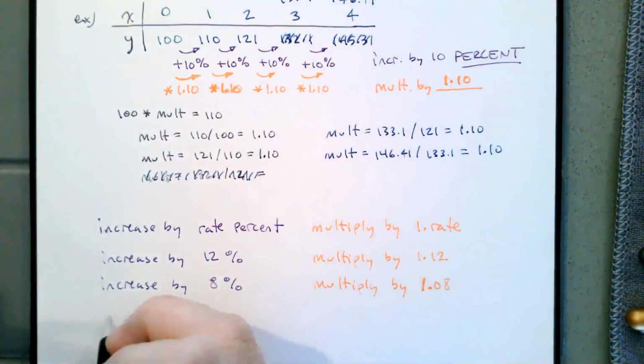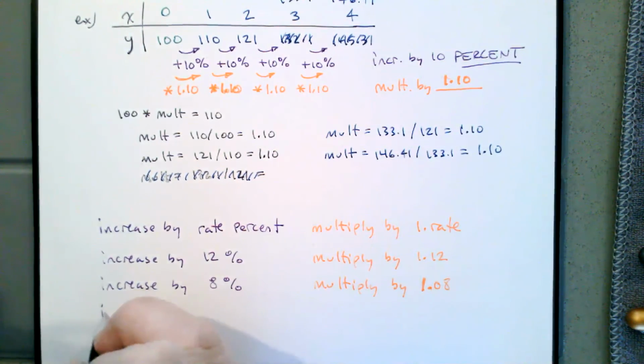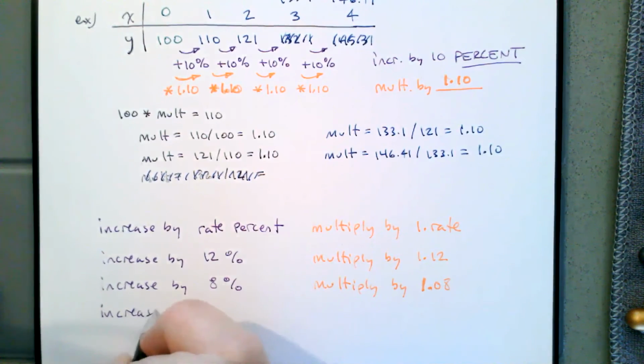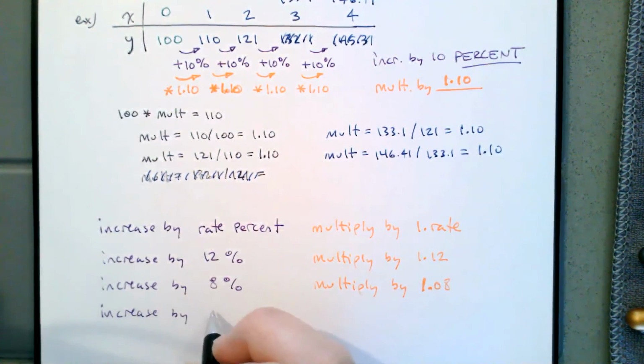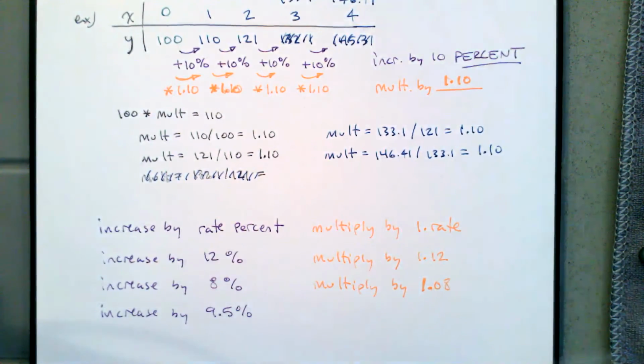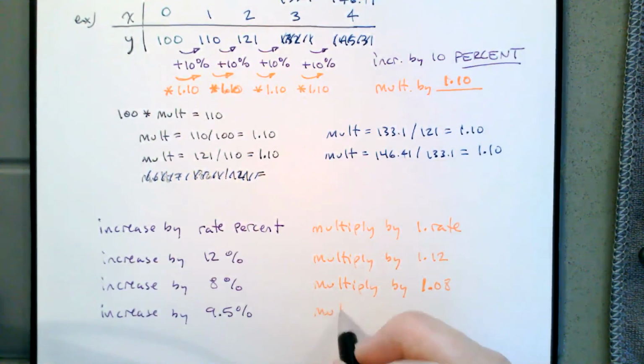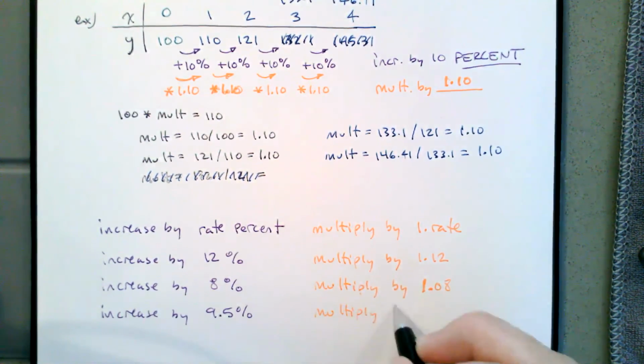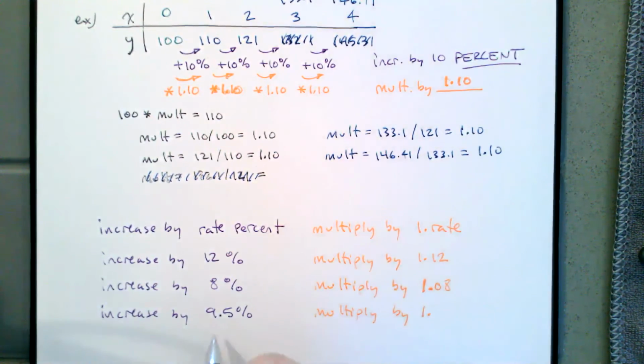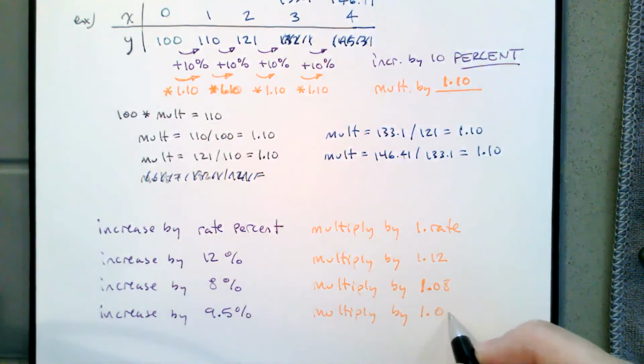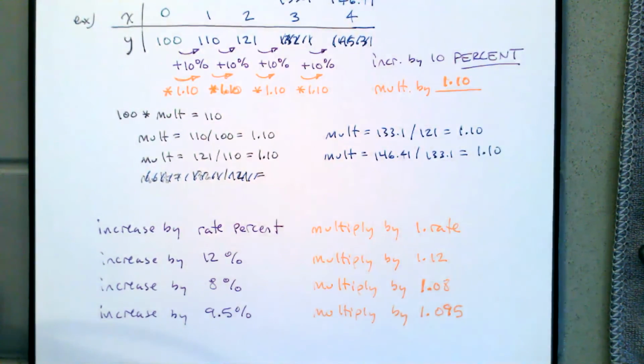I think tax in San Mateo County is like 9.5%. If we want to increase something by 9.5%, then we'll multiply by 1.095, because 9.5% is 0.095.